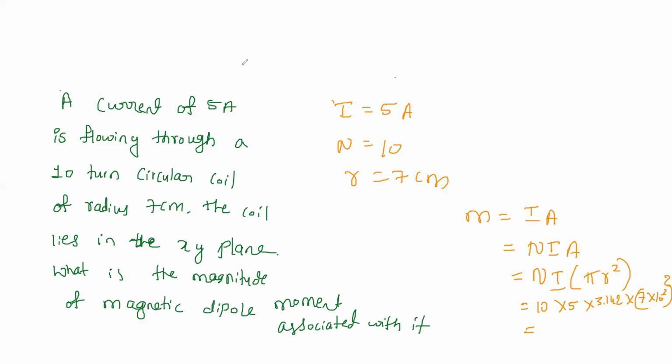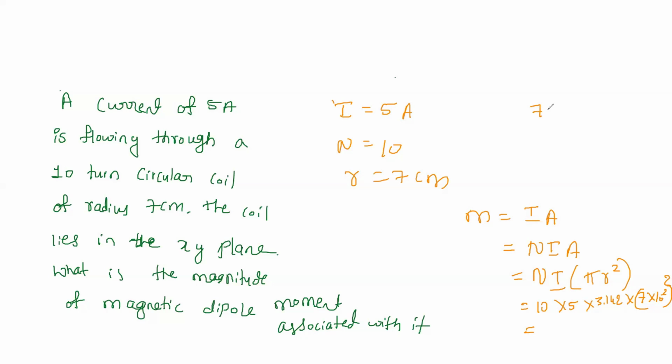Yes, what is the answer? Everybody is getting the same. Ten into 5 into 3.142 into 7 into 7. 7 sevens are 49. Just check with your answer how much you are getting.